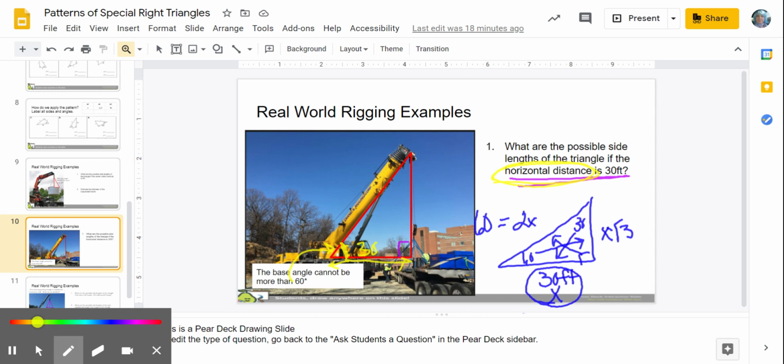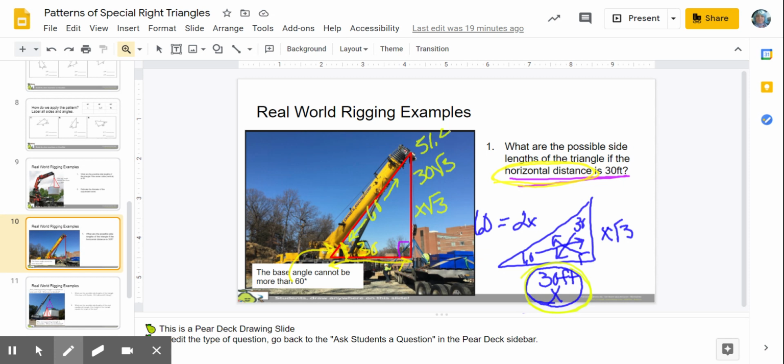So this side here is going to be 60, right? That's the hypotenuse. That's the boom of the crane. And then what's the height going to be? X square root of 3. If my x was 30, then that's just, say it again. 51.7. Awesome.